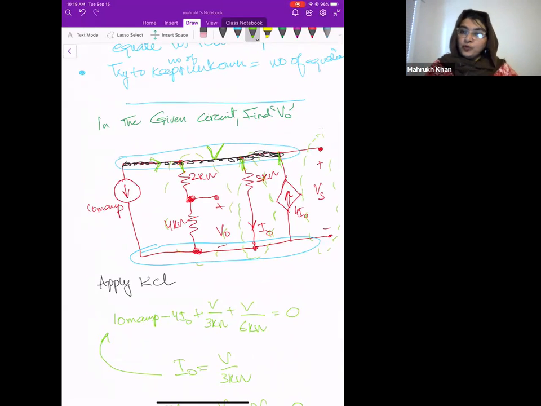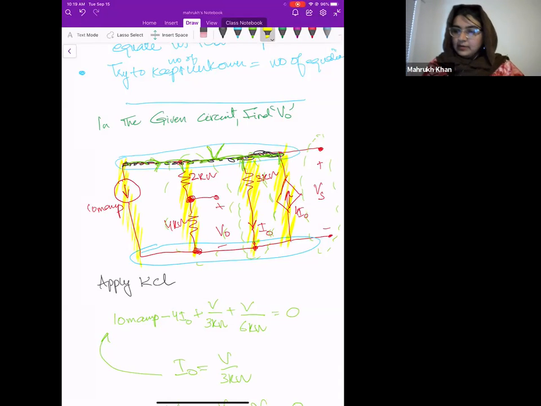But you know the voltages of all nodes. So V is the same in this branch, this branch, this branch, and this branch. Got it? So it means that we can use V to solve our scenario.